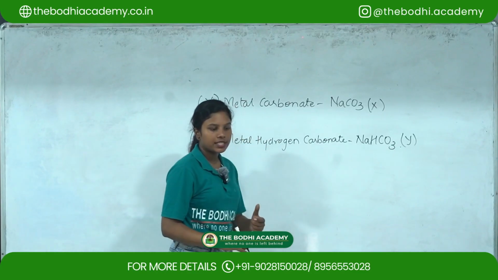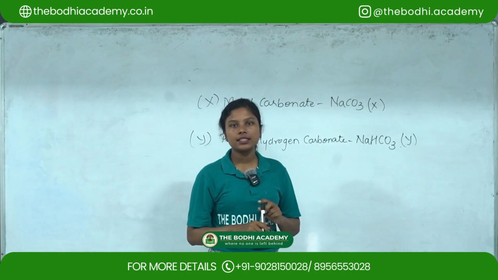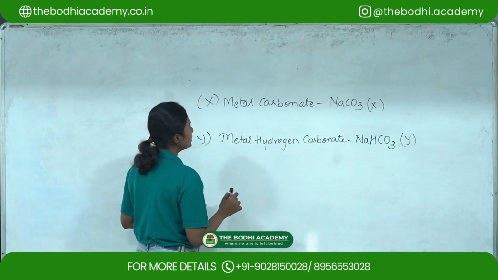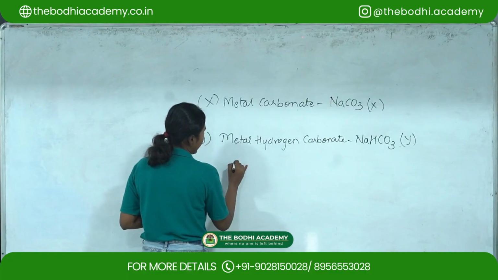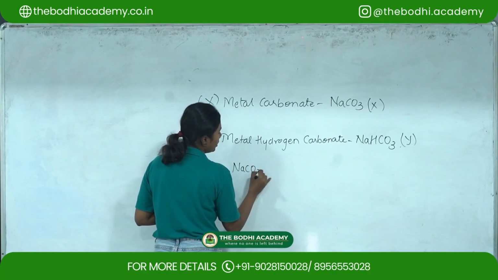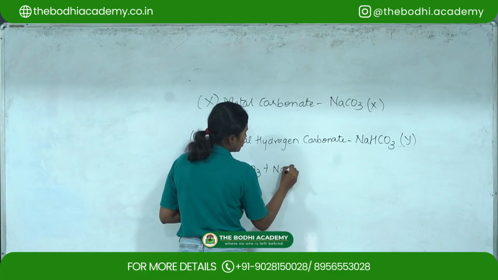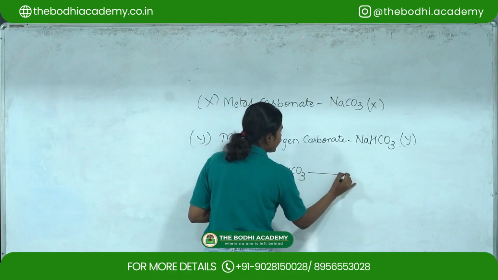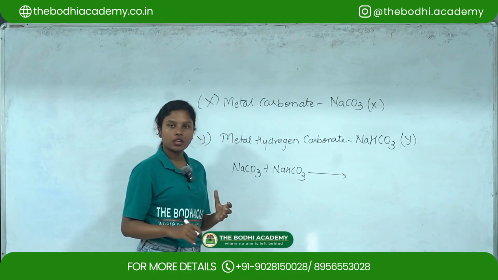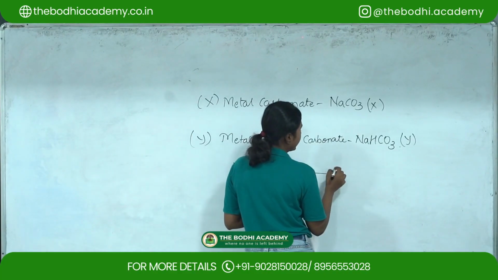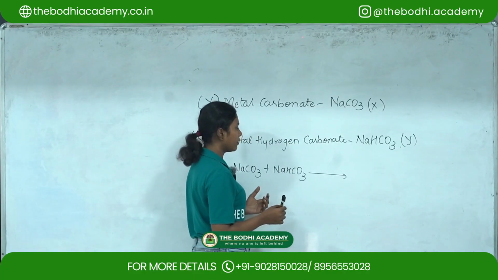Now the second question is, which gas is released in this reaction? So whenever there is a reaction of this, that is Na2CO3 plus NaHCO3, with acid, it gives a gas that turns lime water milky. Why is that?